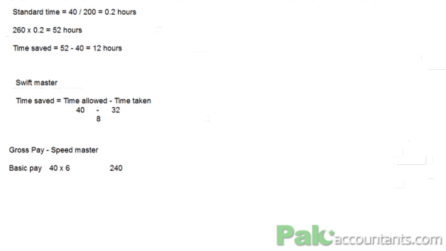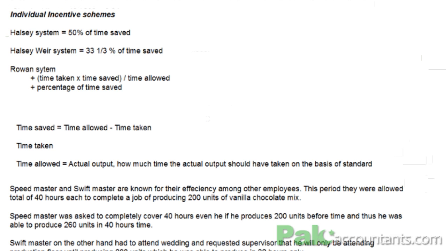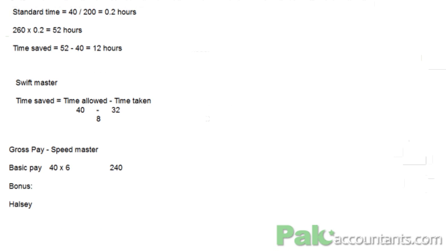In addition to that, the bonus, if it is calculated in the Halsey scheme, is allowed at a 50% rate, right? 50% of time saved. So let's see how we calculate this. He saved 12 hours, so 50% of this multiplied by the time wages, that is $6.